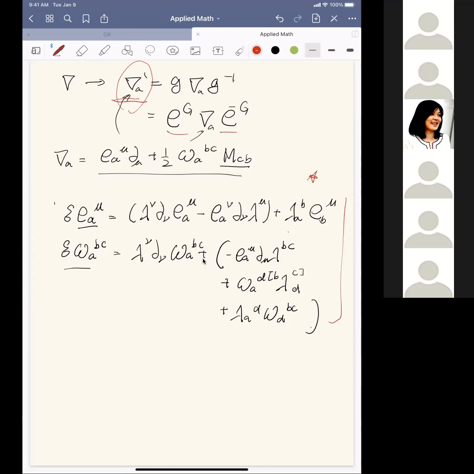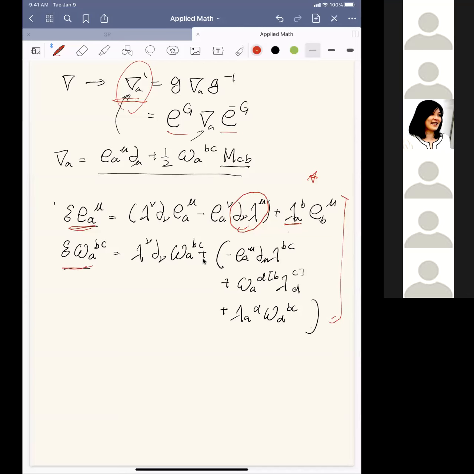And so you see that this is how they look. Let's take a little bit more detailed look. Notice that here the Vierbein transforms with a derivative acting on the parameter associated with the translation. But there's no derivative acting on lambda AB, which is the parameter for the Lorentz transformation.